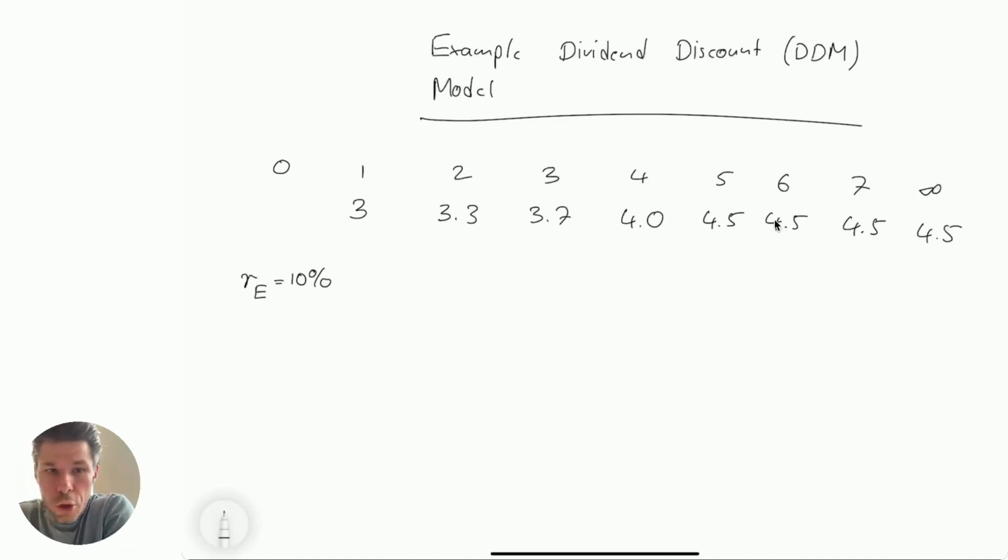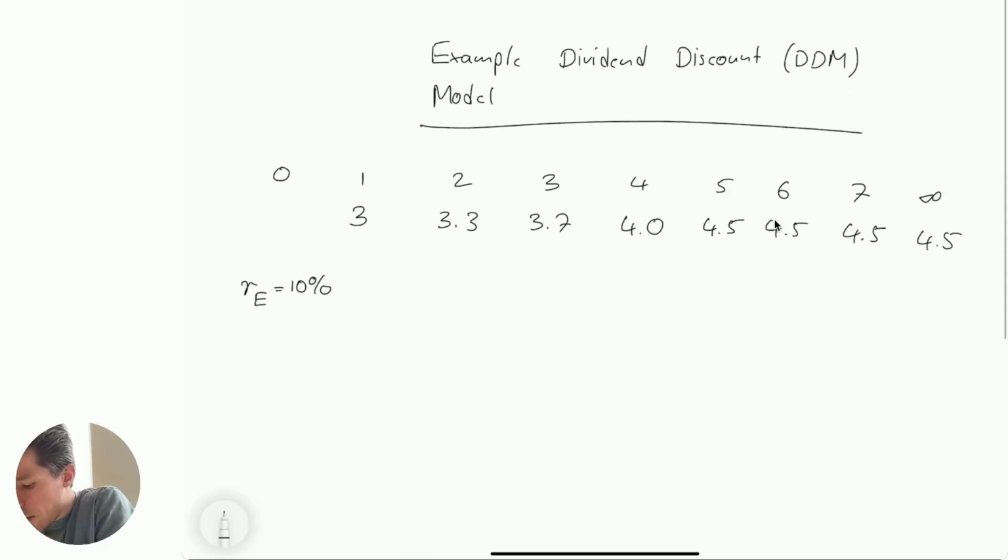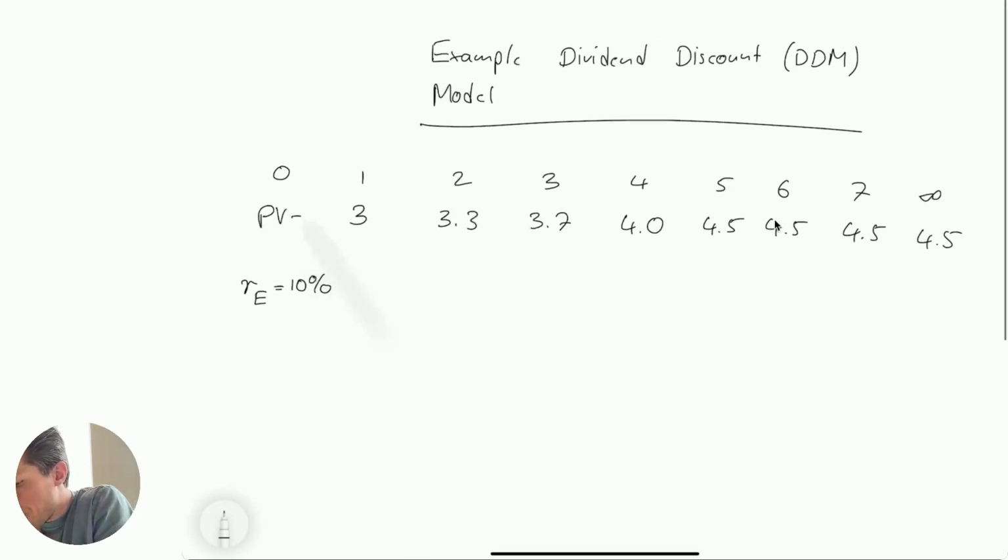We assume cost of equity, or our discount rate, return on equity, of 10%. And let's go through and calculate what our present value is.